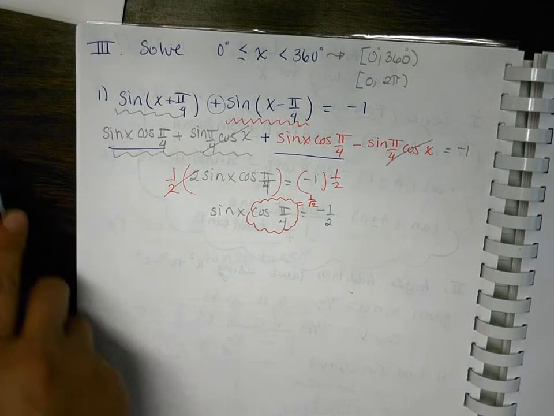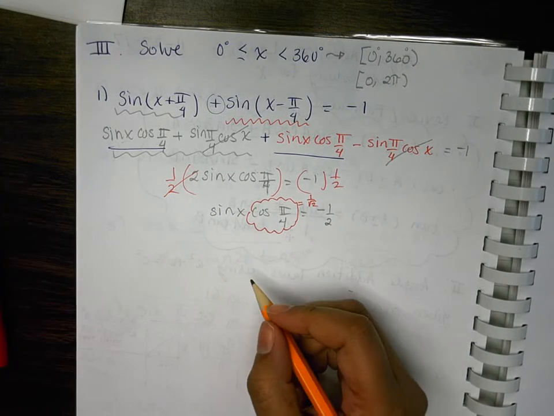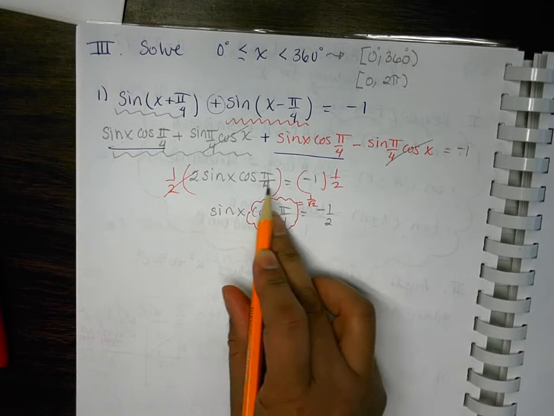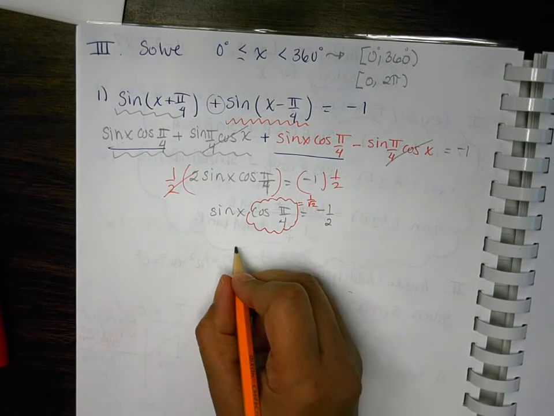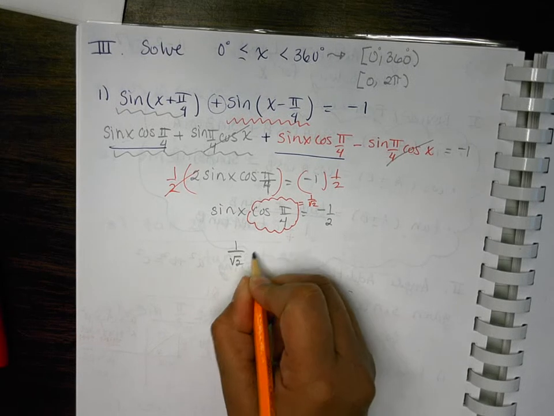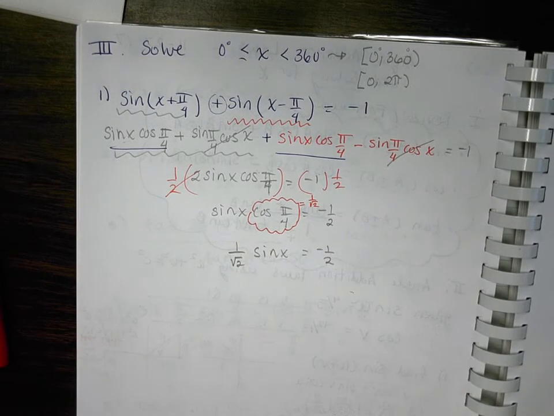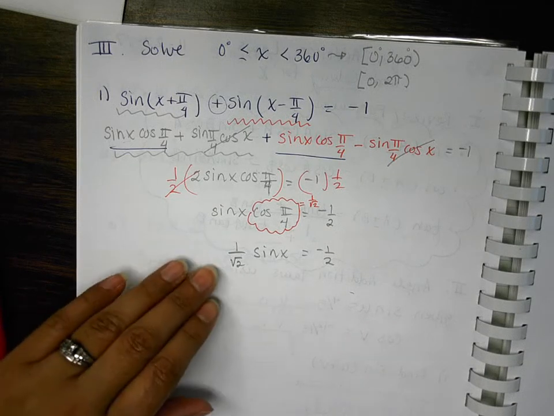All right. So when I write that, I typically write my coefficients out in front. So I'm going to write it like this. 1 over root 2 sine of x equals -1/2. Any of you want to write it as root 2 over 2?